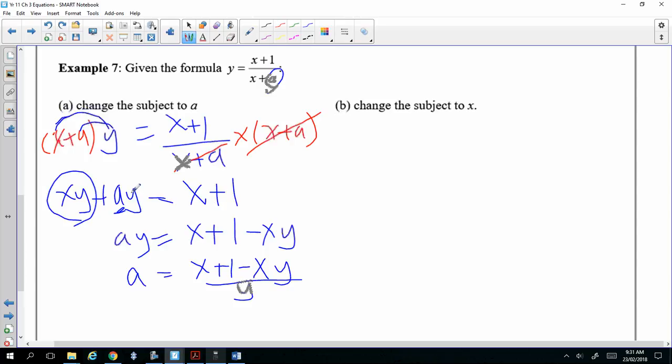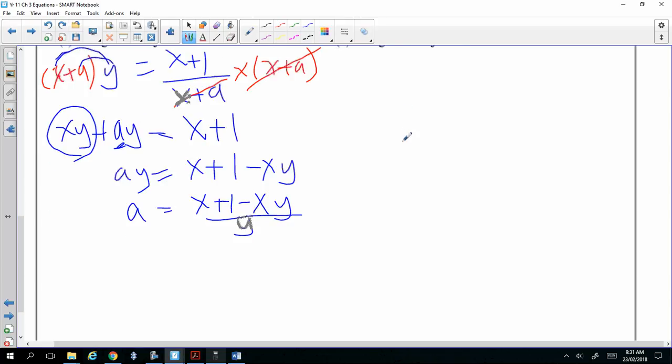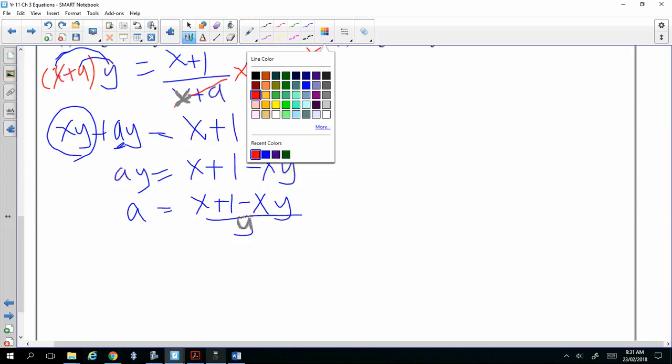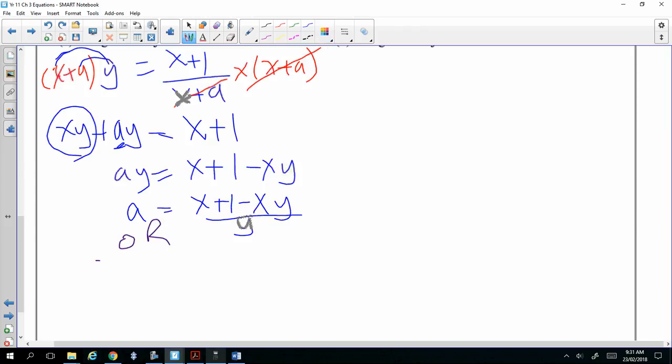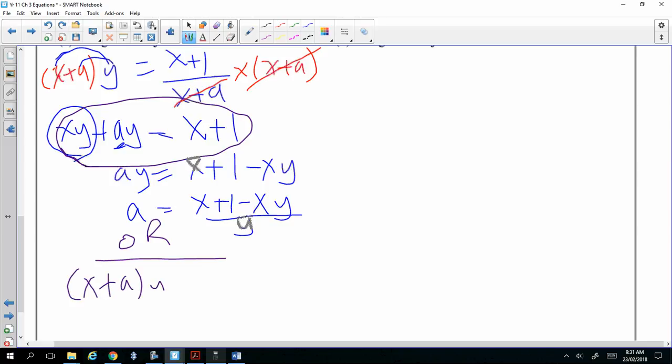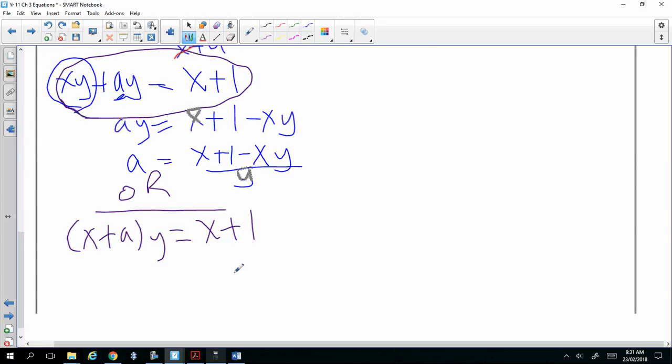If I start from the step above, if I leave it like this without expanding, we can divide both sides by y, so x plus a equals x plus 1 over y, then you subtract x. Yes, you can do that, and they are the same expression.